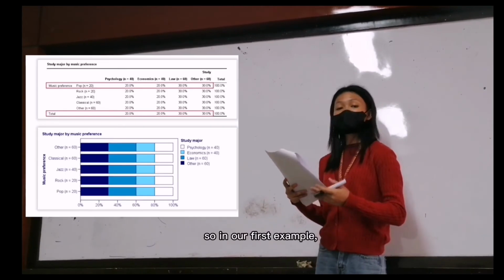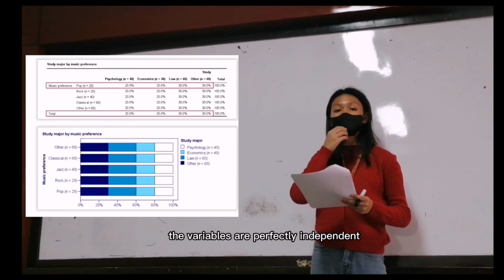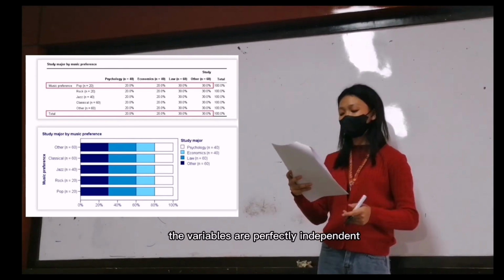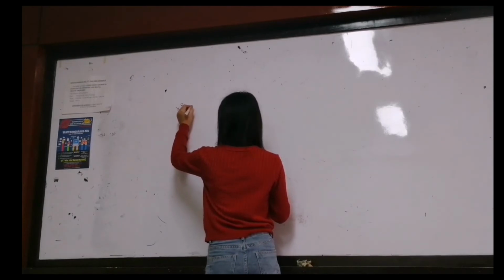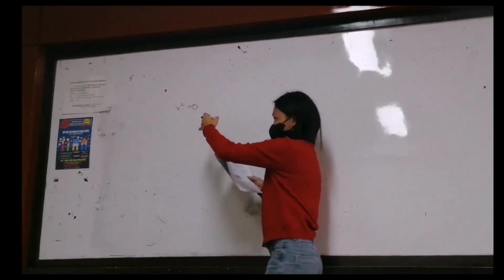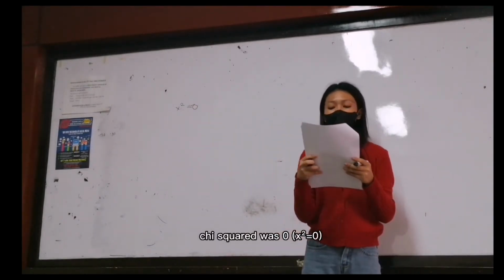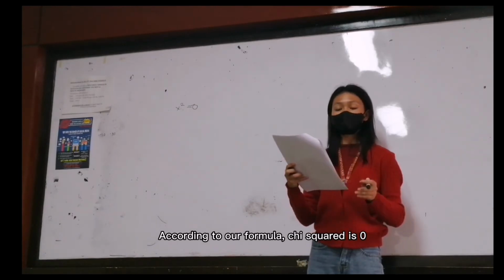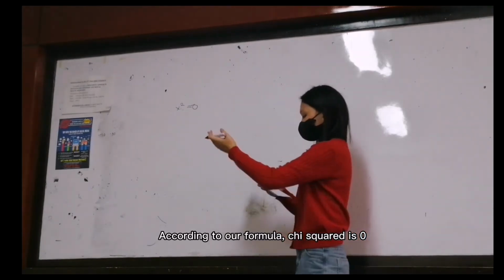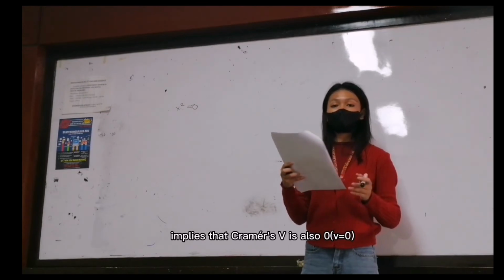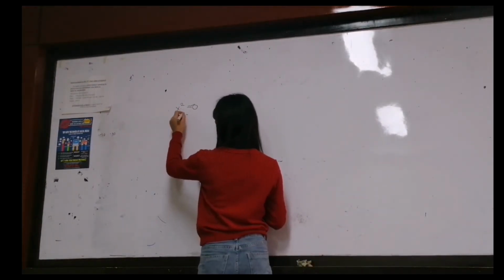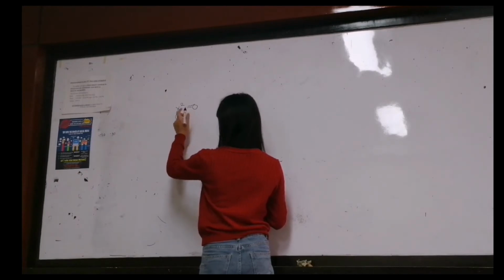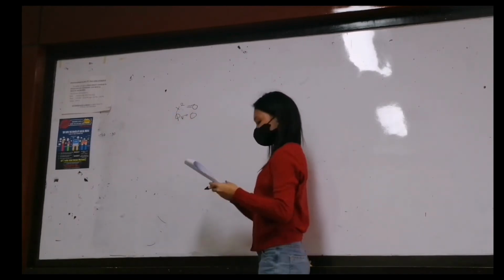In our first example, the variables are perfectly independent. Chi-squared equals 0. According to our formula, chi-squared equals 0 implies that Cramér's V is also 0.